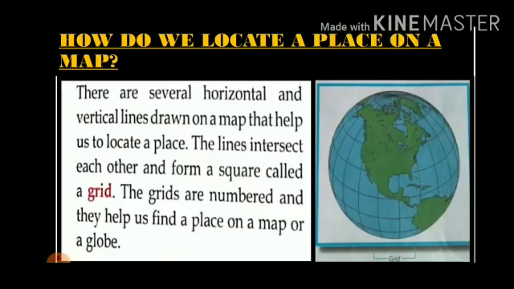The lines intersect each other and form a square called a grid. The grids are numbered and they help us find a place on a map or a globe. So, with the help of these grids, we can find a place located on a map. So, how do we number a grid?